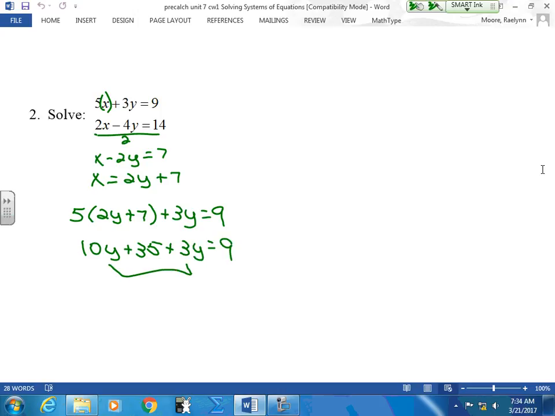Remember where you are on one side of the equation or both sides of the equation. That's usually where the mistakes get made. All right, so y is -2.